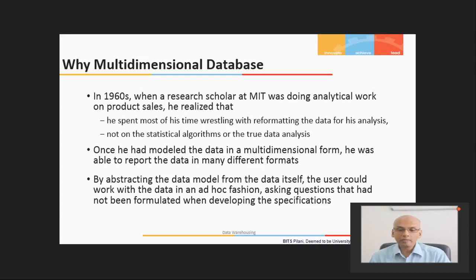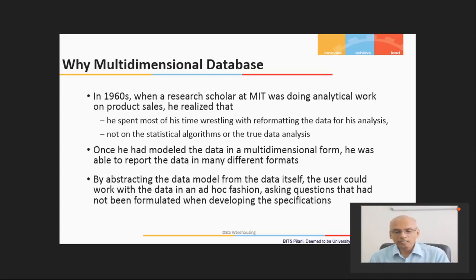But very little time was being spent on the statistical algorithms or the real data analysis that would tell them that yes, this type of change can have a positive impact on the business.